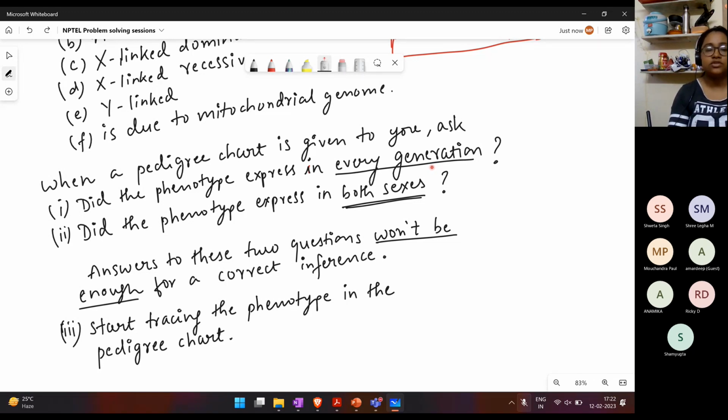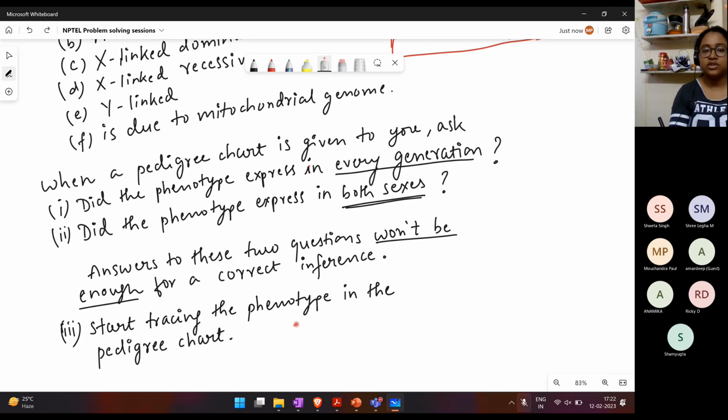Second, you have to see whether that phenotype is getting expressed in both sexes, both male and female. But your analysis is not just stopping by answering these questions. These two questions give you the basic idea that okay fine, these two criteria are fulfilled.